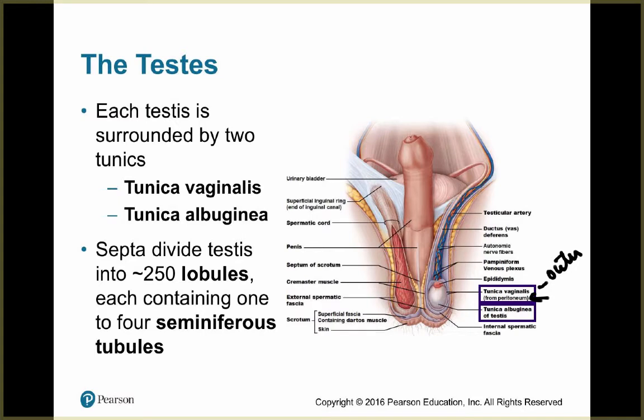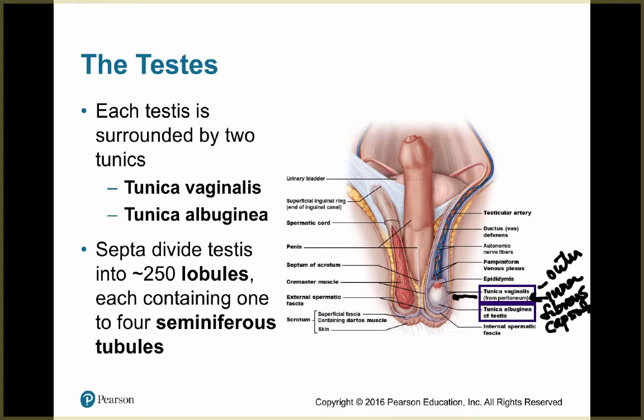It's harder to see, but you can see it's pointed in there. And then you have the tunica albuginea, which is the inner layer, and this forms the fibrous capsule of the testes.